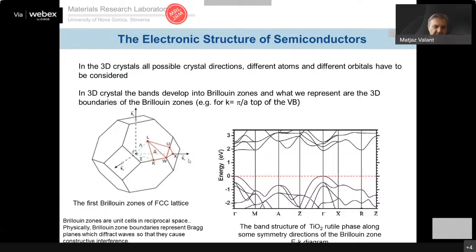So we, of course, find ourselves some tools to better imagine the complex situations. In this case, we construct something called Brillouin zones. And these Brillouin zones represent three-dimensional boundaries, which is actually our construction in reciprocal space.